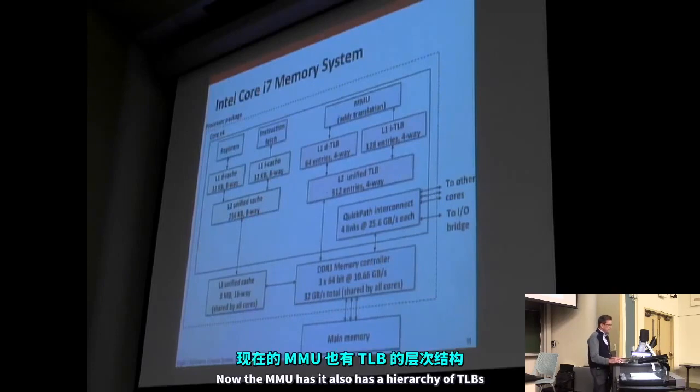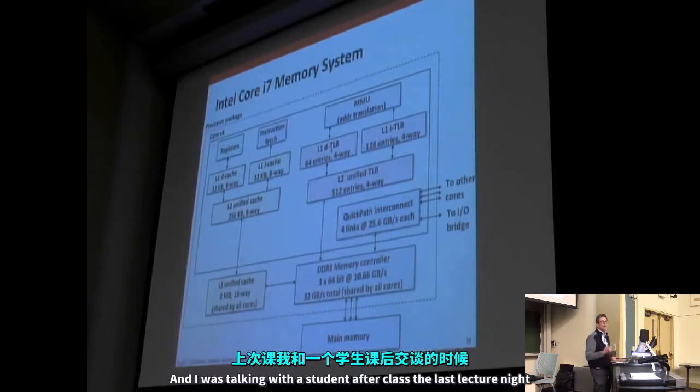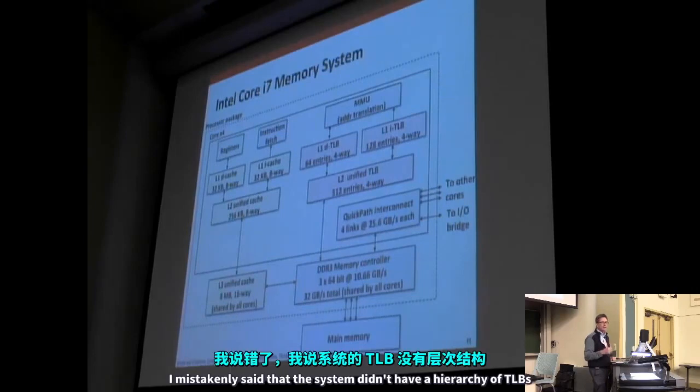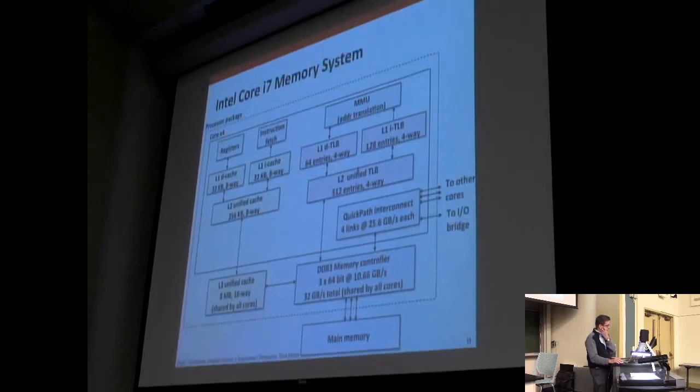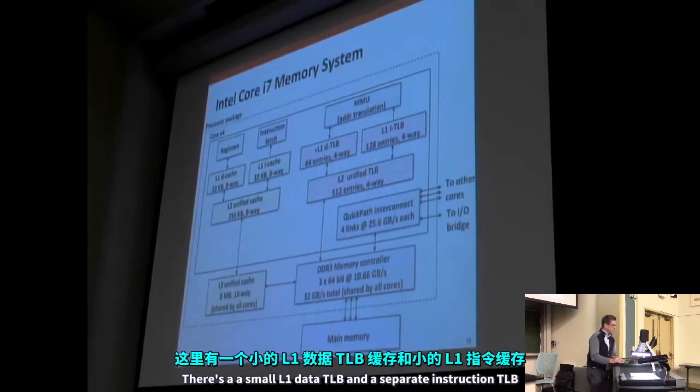Now the MMU also has a hierarchy of TLBs, and I was talking with a student after class the last lecture, and I mistakenly said that the system didn't have a hierarchy of TLBs, but it does. There's a small L1 data TLB and a separate instruction TLB.